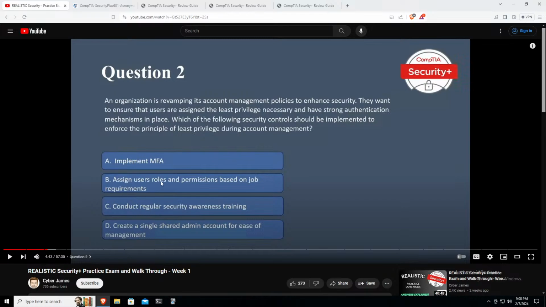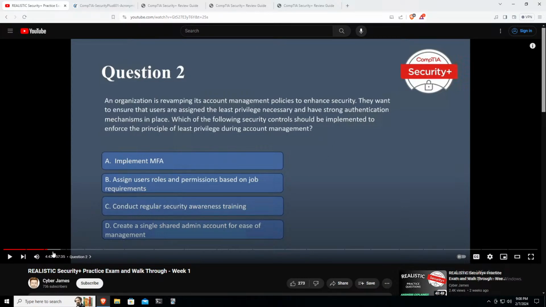Assign user roles and permissions based on their job requirements. B would be the answer here. In least privilege, you really only have access to what you need in regards to permissions and your roles defined in something like Active Directory, and you're assigned to a group that's managed by the administrator of the environment.